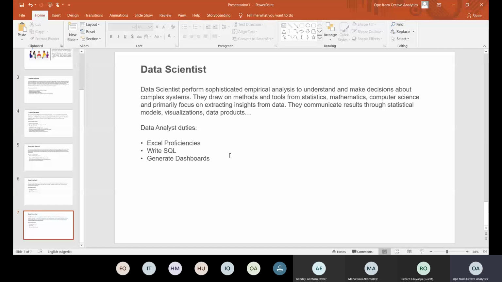So data scientists, as you can see, also generate dashboards. So in some organizations, you can find a fusion of data science and data analyst. As a data scientist, you're also doing what a data analyst would do, because your work is a step ahead of what data analysts would do.